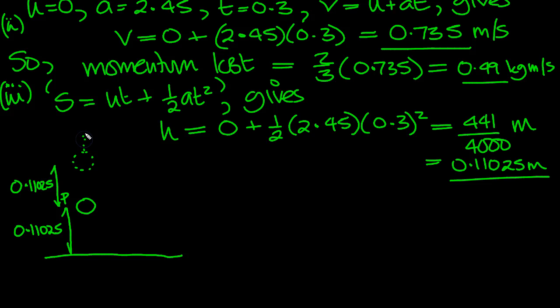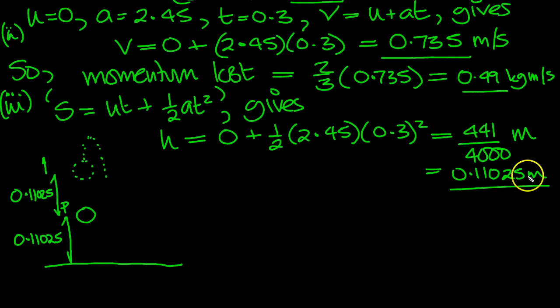And then Q hits the ground, so P just rises due to gravity. The velocity going up, the initial velocity will be the final velocity down the bottom, which we worked out to be 0.735. The acceleration is gravity. The speed here, which we can label as v now, is 0. We need the distance, which we'll call s.